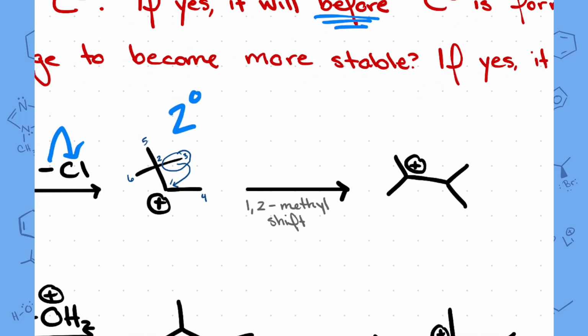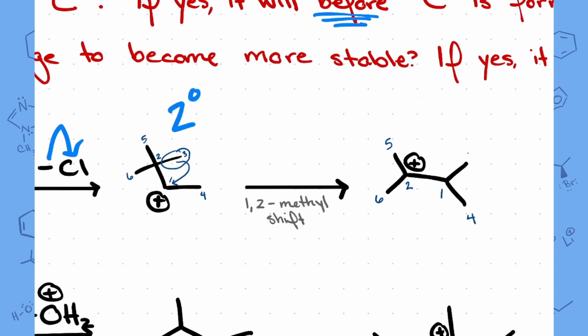So we had carbon 1, we had carbon 2. Carbon 2 is connected to 5 and 6. Carbon 1 was connected to 4. And what happened to 3? 3 used to be connected to 2. Now 3 is connected to 1. Now through this rearrangement, we have a tertiary carbocation, which is more stable than secondary.